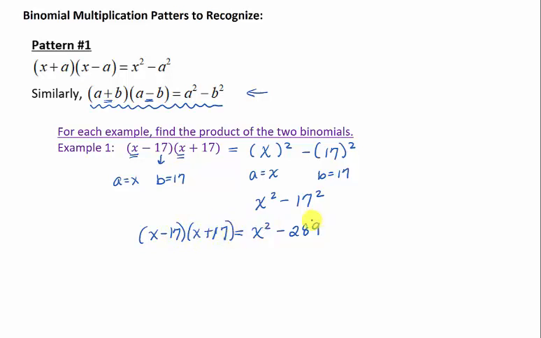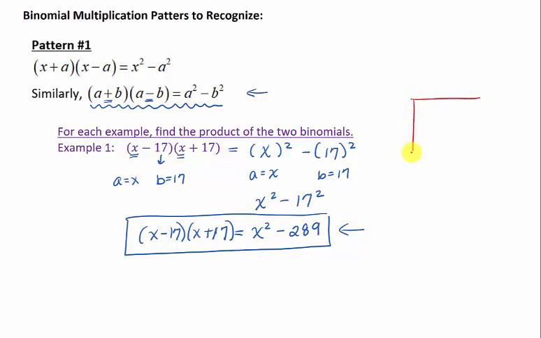So you can see, as you get used to using this pattern, it can become a very quick way to get your final result. Let's compare this with the area model. If we were to use the area model, we would take the two binomials and make a 2 by 2 array for the two binomials. So we would do x minus 17, x plus 17, and we would find the product.